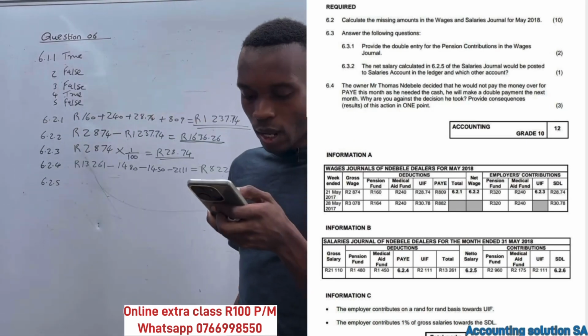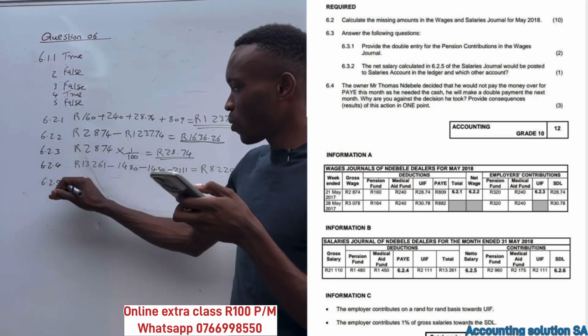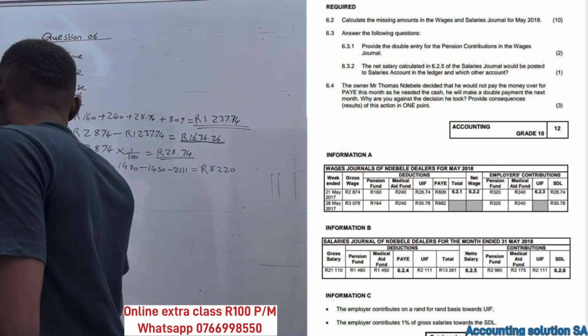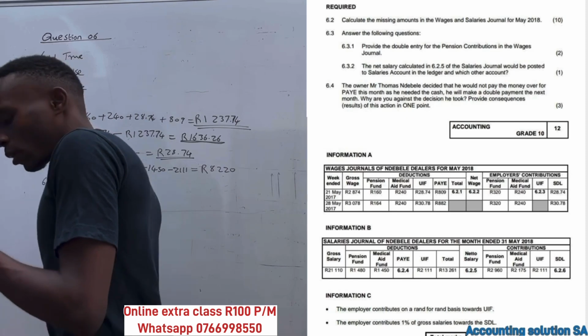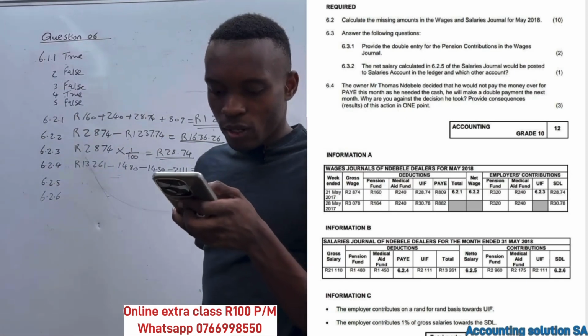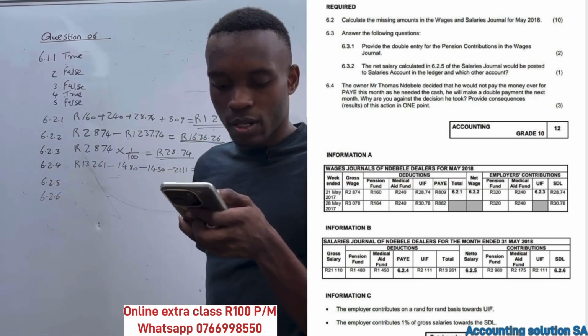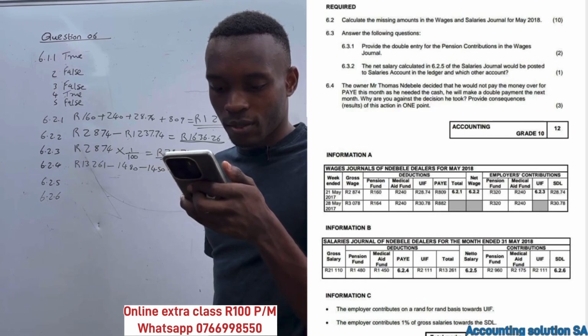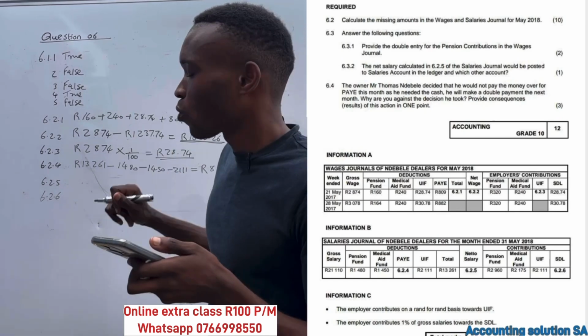Now let's proceed to the next one, 6.2.5. We also have 6.2.6. They are looking for net salary, and net salary, guys, we already calculated an example of it under 6.2.